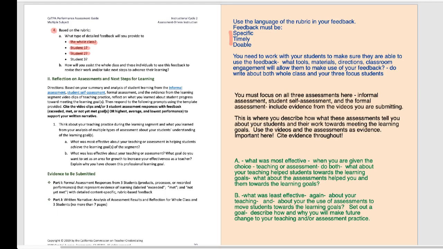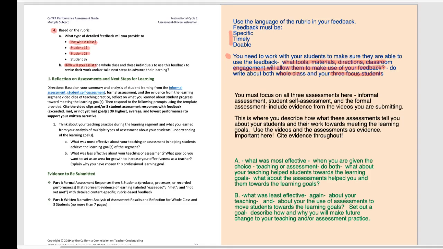Okay, so let's go to the next piece, which is B, which is the how will you assist piece. You need to work with students to make sure they are able to use the feedback. What tools, materials, directions, classroom engagement will allow them to make use of their feedback? Do write about both the whole class and your 3 focus students in this regard.